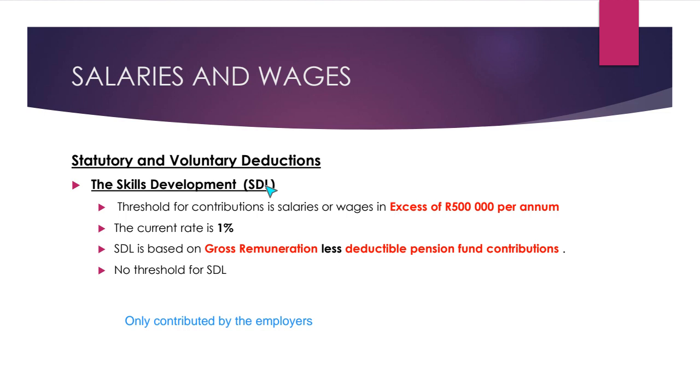Let's say they pay you 3,000 per month for experience. Those companies sometimes claim that money from this levy. The money that they pay you is not their own money. They get it from this skills levy.